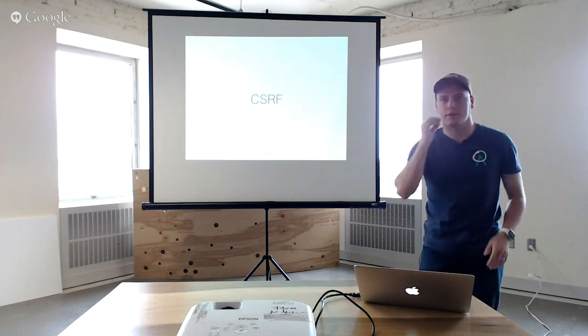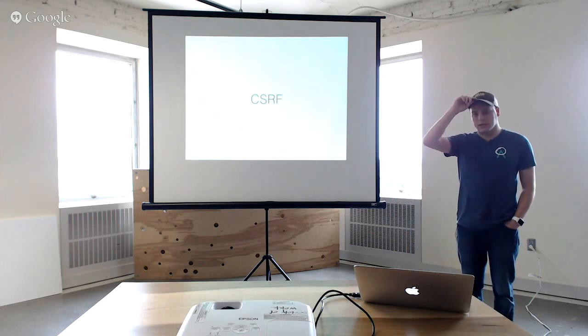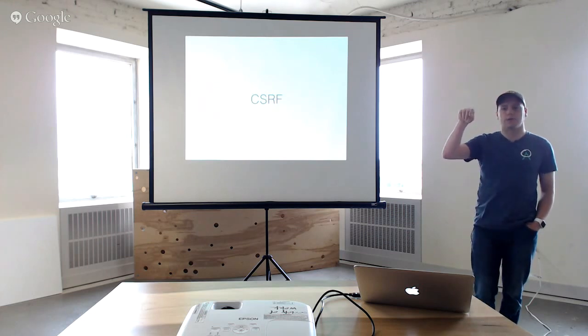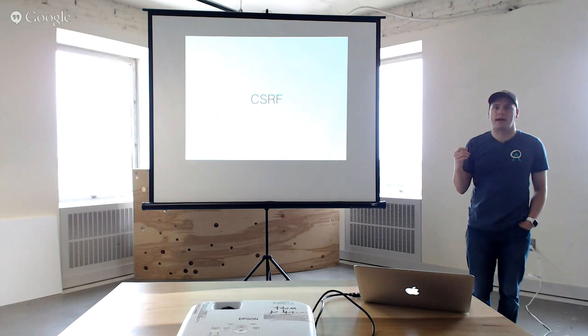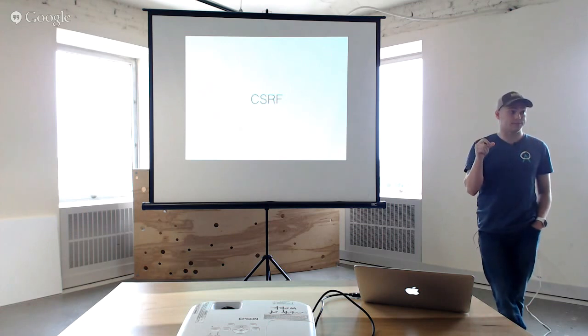So cross-site request forgery is pretty similar. Basically, cross-site request forgery happens when a user clicks or executes a URL that you don't want them to. And that is oftentimes, but doesn't have to be, exploited along with cross-site scripting.